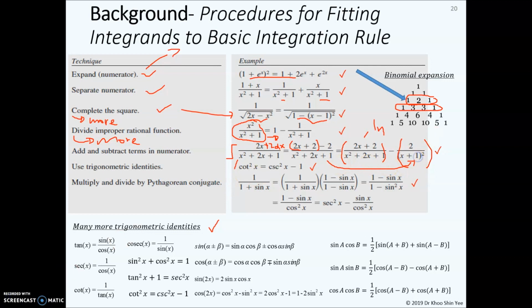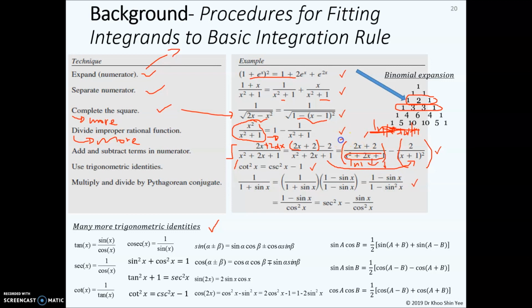This can be found from completing the square. Then you can see that this is in ln of x squared plus 2x plus 1 here, sorry, okay. So you can see the ln of this term, put everything here.